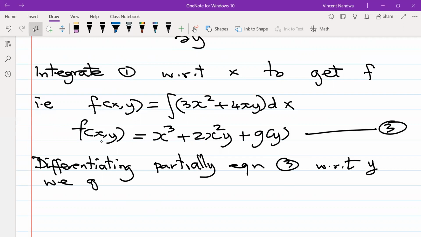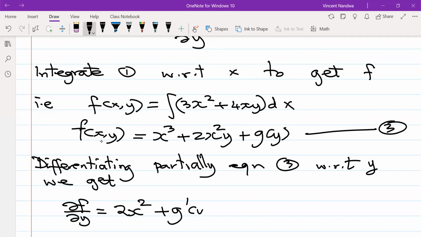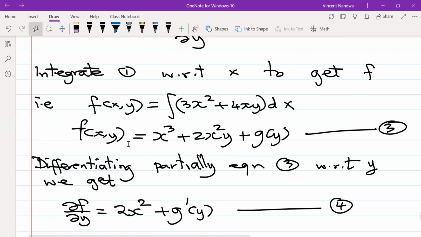We get partial f partial y equals, this will be 0 because there's no y, so the next will be 2x² and then plus g prime of y. Call this equation 4. So remember, what happens in the process of solving exact differential equations is simply the process of integration and differentiation. Those two are the main techniques being applied here.